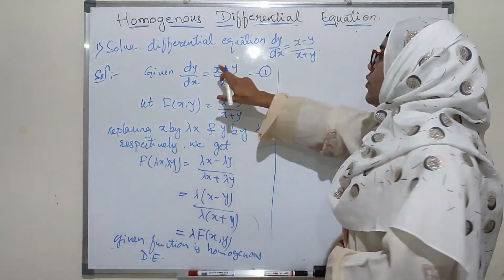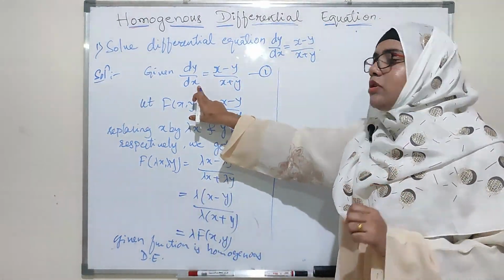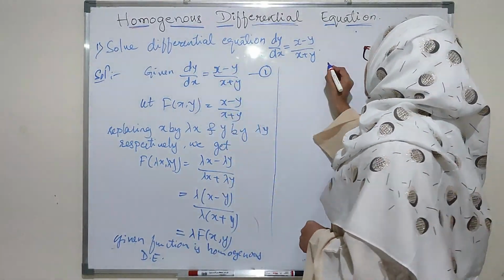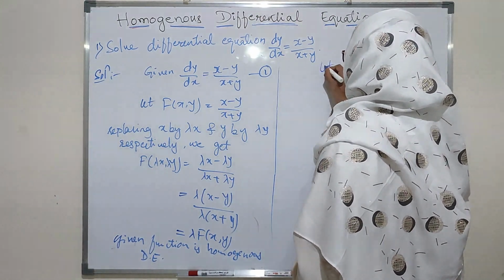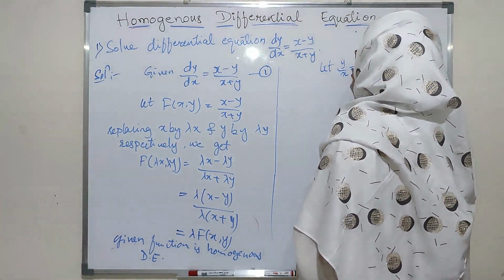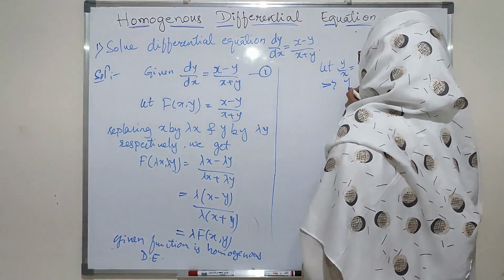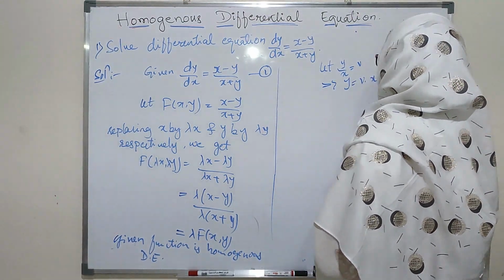Now we have to follow the steps. First, we have to take y by x as v because we have dy by dx. So let y by x is equal to v. This implies y is equal to v into x.